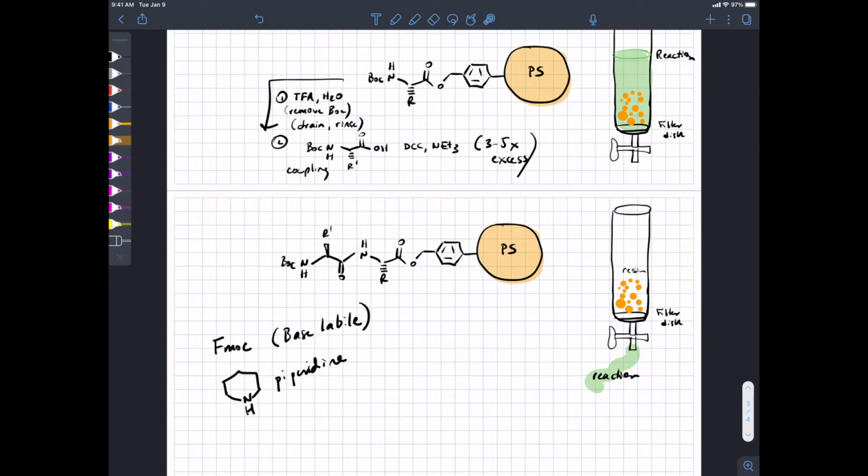And because you had an amino group that you could remove under basic conditions, they were able to change the linker so that the linker could be hydrolyzed with TFA instead. Now, you couldn't use BOC chemistry with the TFA hydrolyzable linker, because then every time you went to deprotect your amino group, your peptide would pop off the resin and you'd be done. So it's a strategic choice, and FMOC and piperidine are a heck of a lot easier to deal with than hydrofluoric acid. So this is the chemistry we use in my lab.